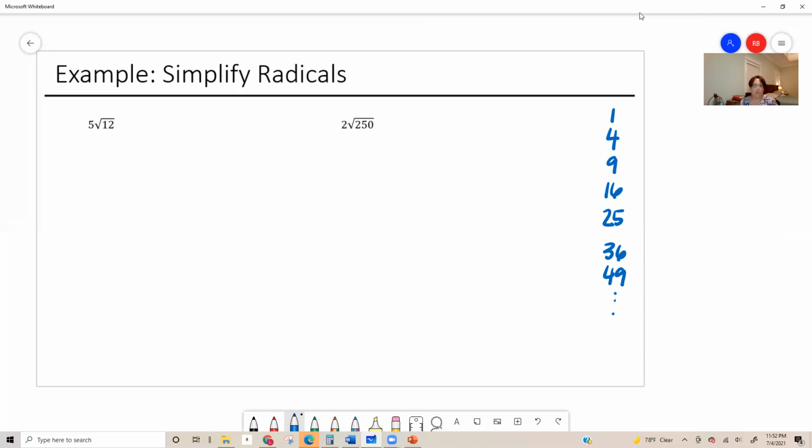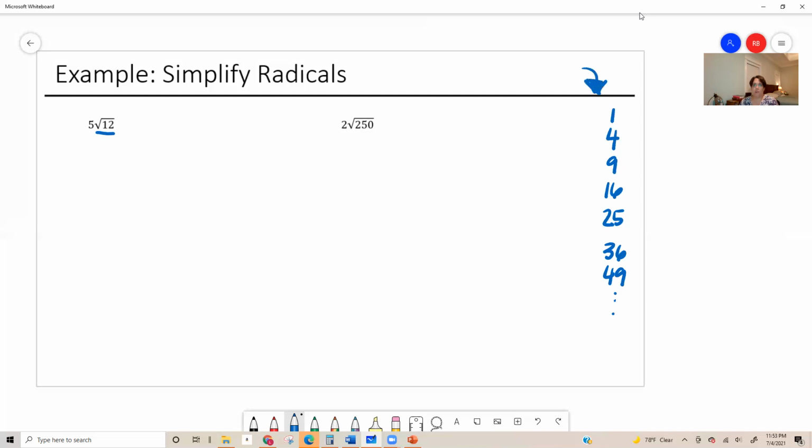So what we want to do here is simplify what's under the square root sign. So we have 5 times the square root of 12. Well, what I want to do is break 12 up into factors. And I need one of those factors to be a perfect square.